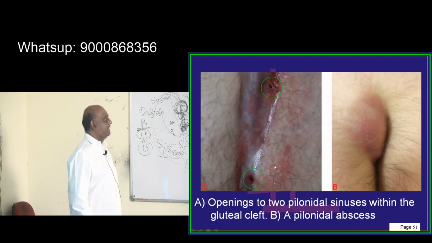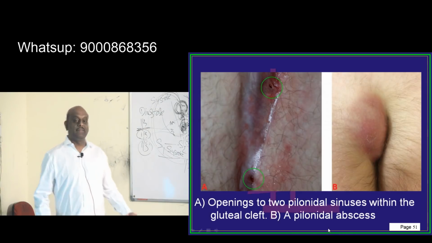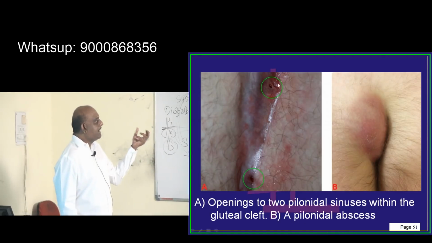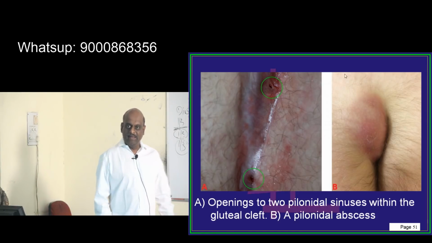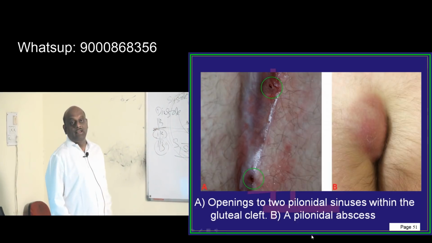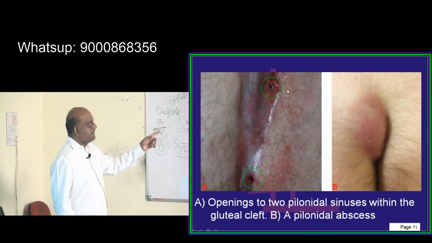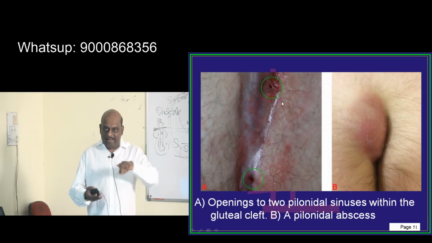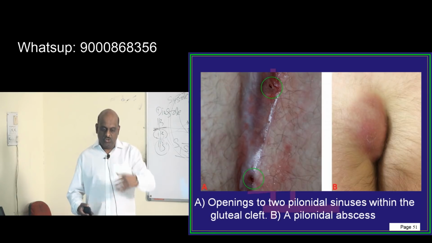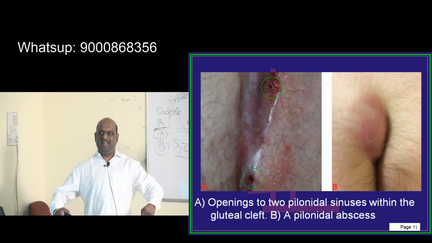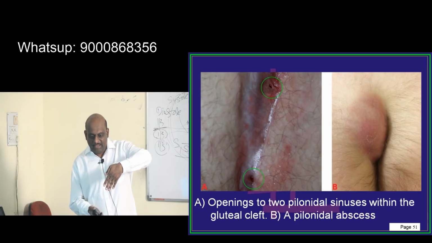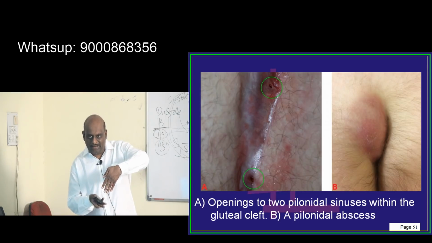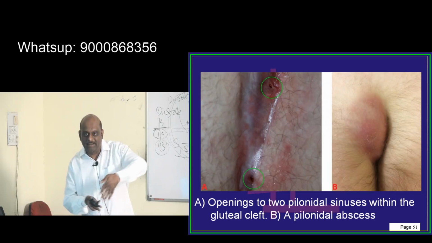First of all, let us learn what is pilonidal sinus. Typically in the gluteal cleft, some people are very hirsute, very hairy guys. A pilonidal sinus is in the pressure area, where the coccyx is there, right? So an obese hirsute guy is sitting constantly, then between that bony coccyx and the underlying gluteal adipose tissue, there is a lot of pressure.